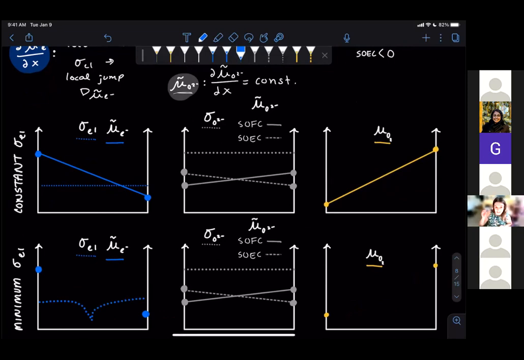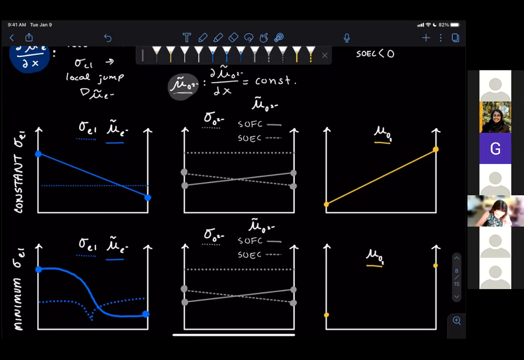Again, we're going to say that there is some sort of very large increase in the negative gradient of the electrons. So if we're still connecting everything, that essentially kind of takes on this shape.